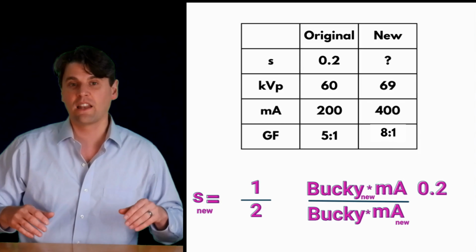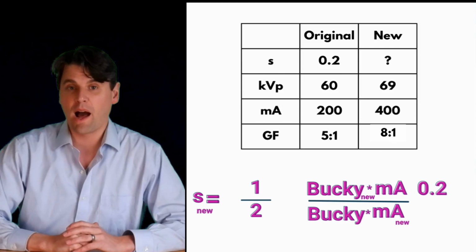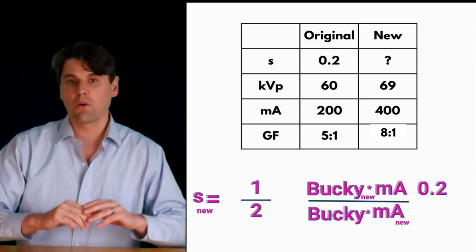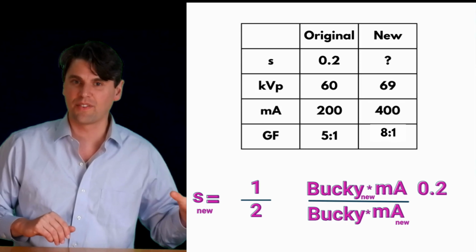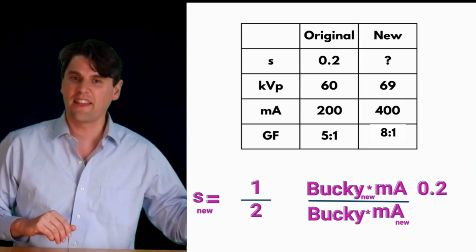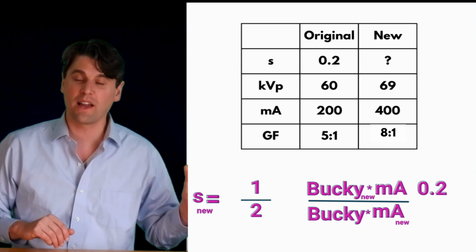Then we'll plug in the kVp. So the fact is, in this case, our kVp is going up by 15%. So we're going from 60. So 10% of 60 is 6. And then half of that is 3. And if you add 6 and 3, you get 9.